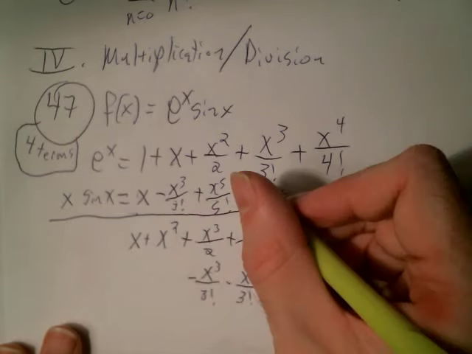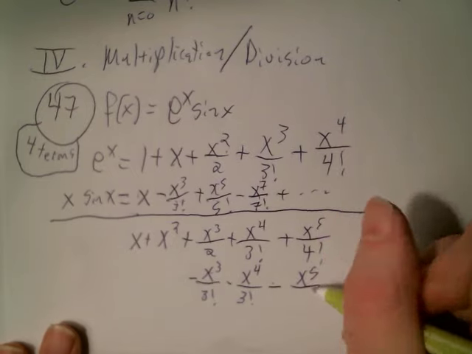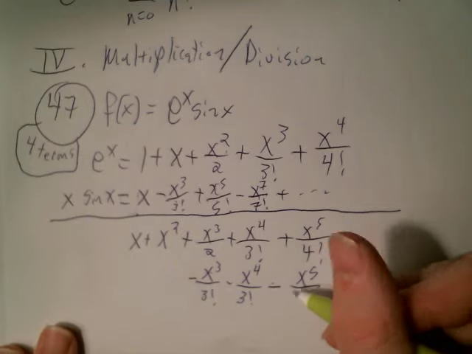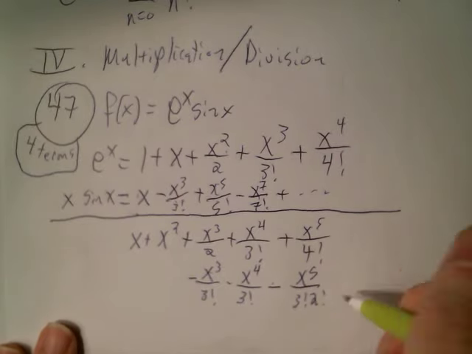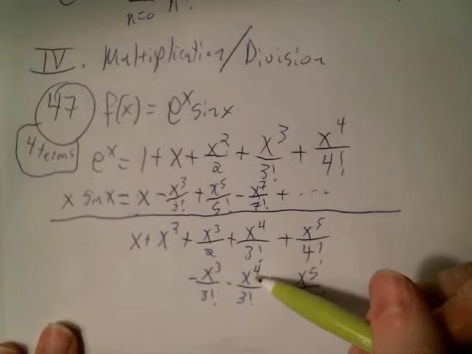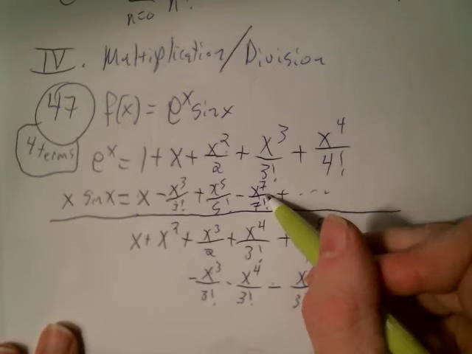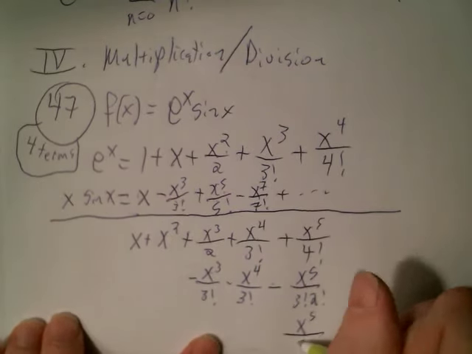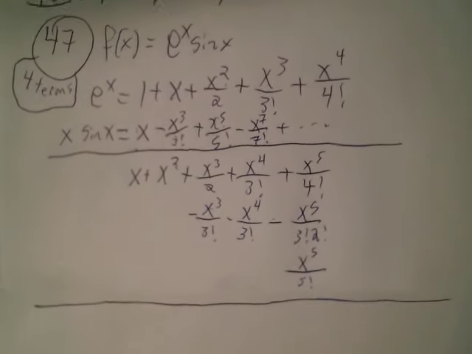And then this times this, negative x to the 5th all over 3 factorial times 2 factorial, which is going to be 12. Or you could just write 3 factorial times 2 factorial. Obviously, these are going to cancel out, so I'm going to need this 5th term to get the 4 terms I want. Multiplying through, I get x to the 5th all over 5 factorial. And then I think I have enough terms to cover my bases.